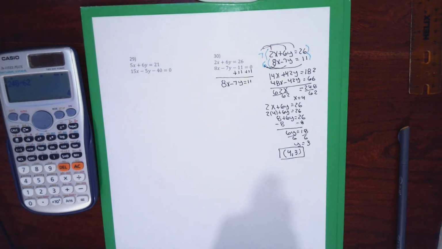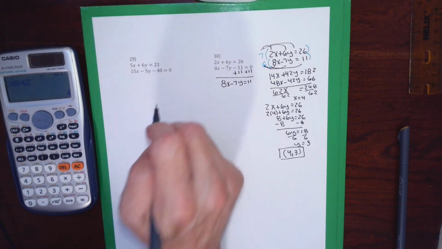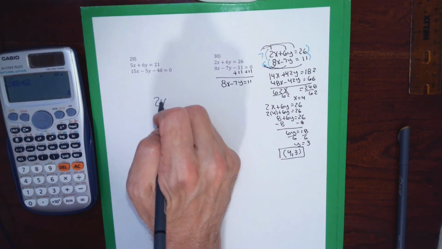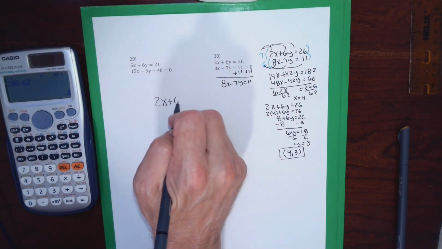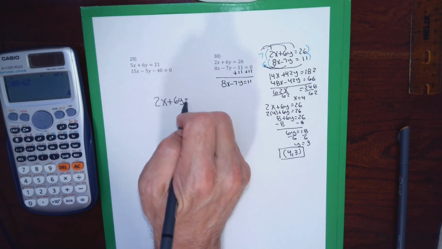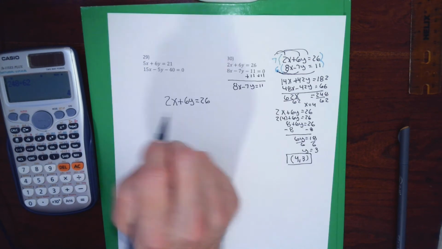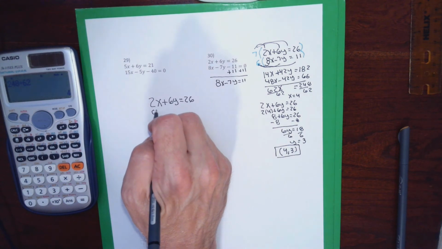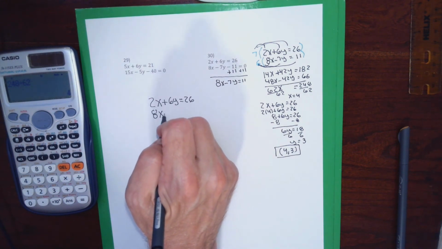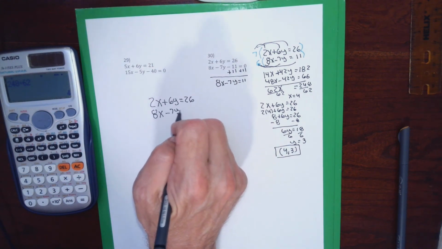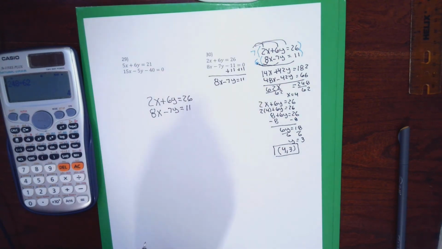Let me show you what I could have done. If you look at the coefficients and pretend like they're denominators of fractions, if you can figure out the least common denominator, that would be a good number.